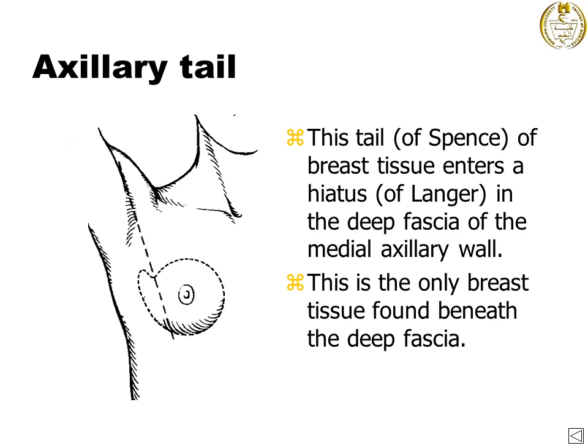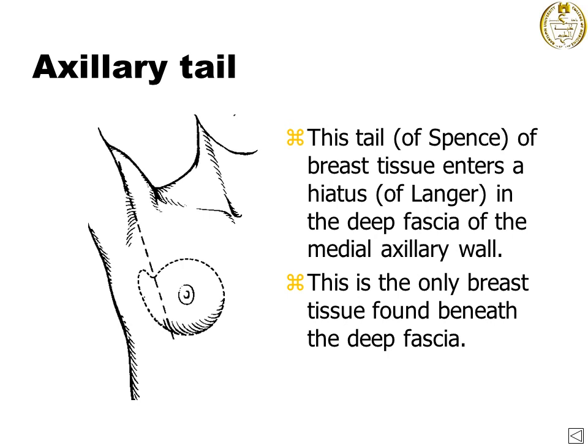The whole breast is superficial to the deep fascia, while the axillary tail enters a hiatus in the deep fascia of the medial axillary wall.